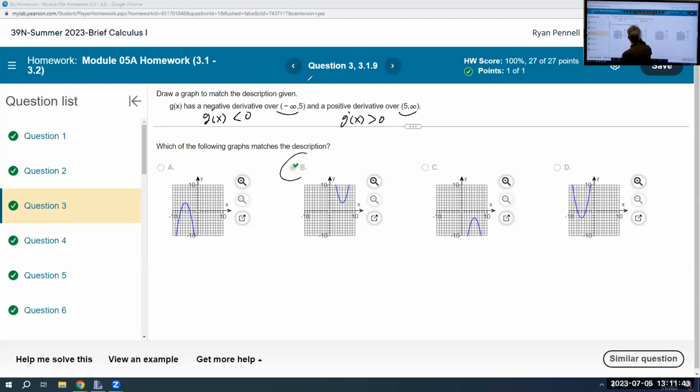Well, you can see I chose B. Why did I choose that? Because it's going downward from -infinity to 5, and it's going upward from 5 to infinity. At 5 itself, it would have been 0.